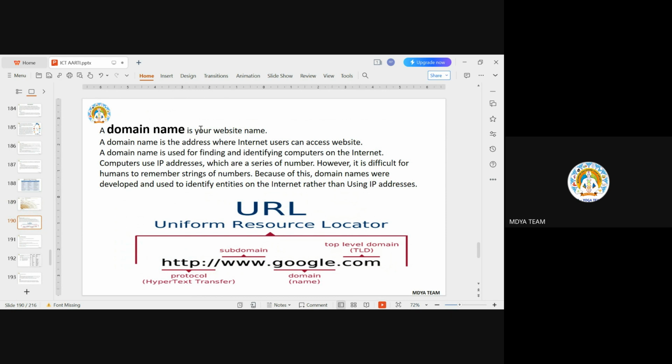So the domain name is the address where internet users can access a website. When you press google.com, your Google will open. As I discussed yesterday, your spiders and crawlers will search that domain name and open that Google app.